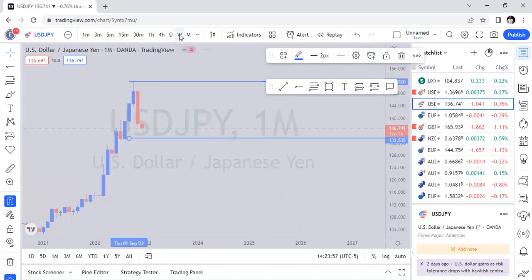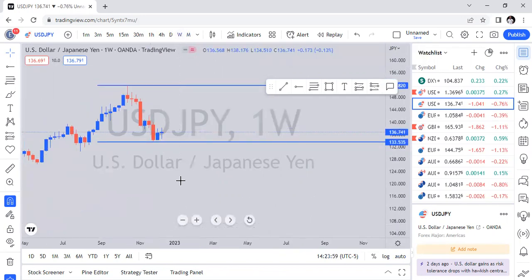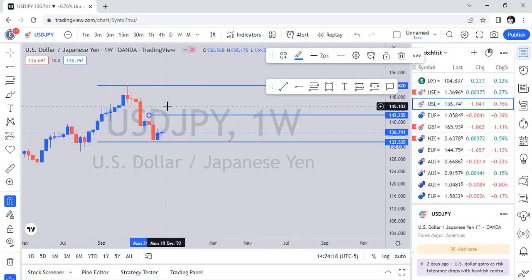So when I come lower, I also want to look out for levels that the market respected on the weekly. It takes 1 week, 7 days for any of these candles to form.